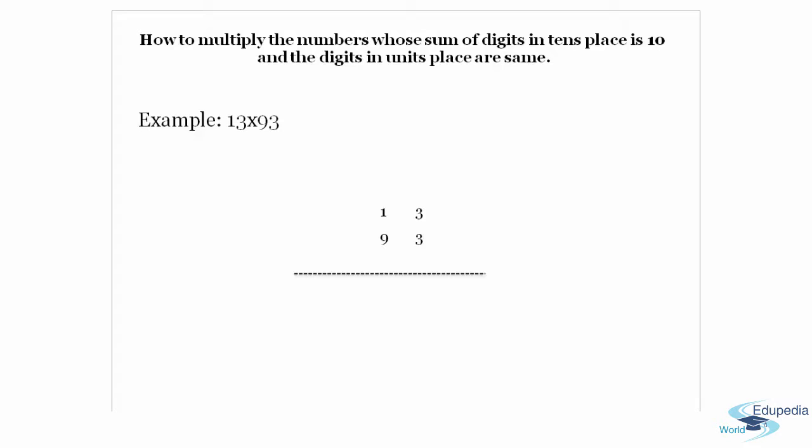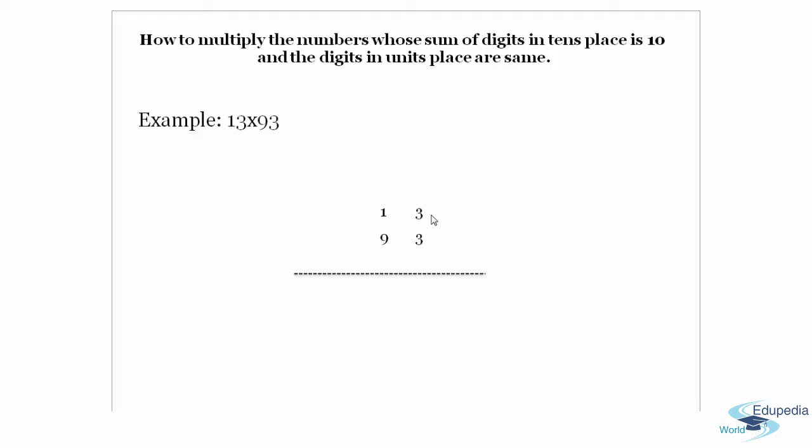Now we have to apply the technique, which has some procedure, or steps. Step number 1 says that first we multiply the digits in the ones place. In the ones place we have two threes.